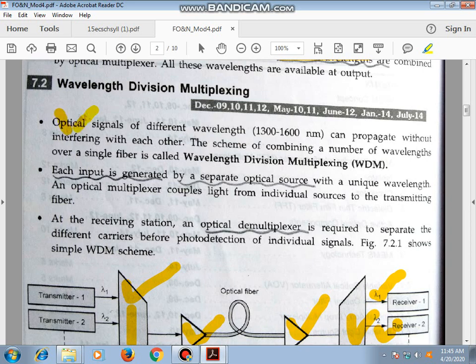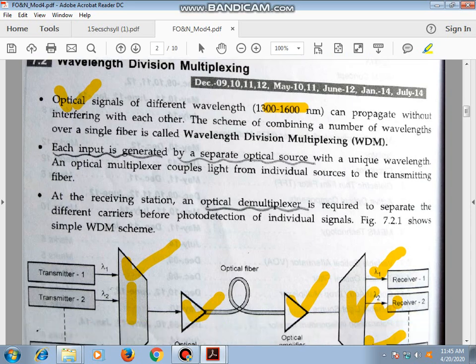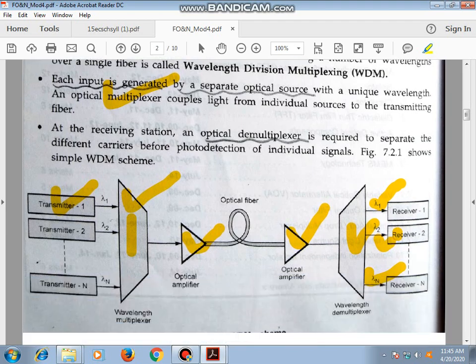Optical signals of different wavelengths, in the range from 1300 to 1600 nanometer, can propagate without interfering with each other. The scheme of combining a number of wavelengths over a single fiber is called wavelength division multiplexing. Each input is generated by a separate optical source with a unique wavelength, and the optical multiplexer couples the input from individual sources to the transmitting fiber.